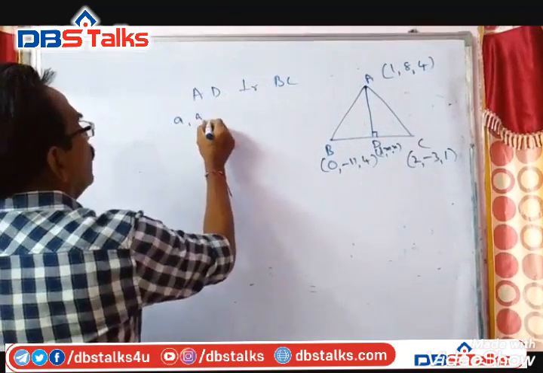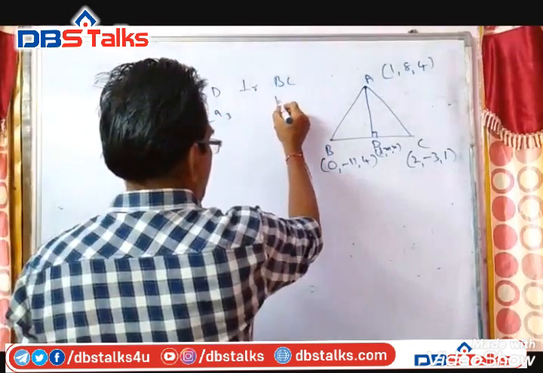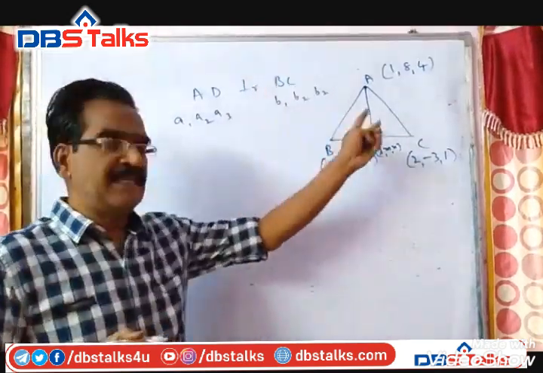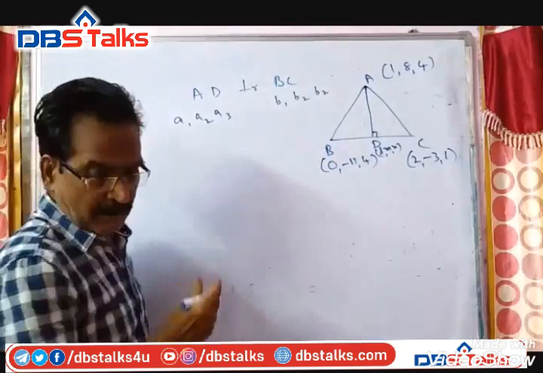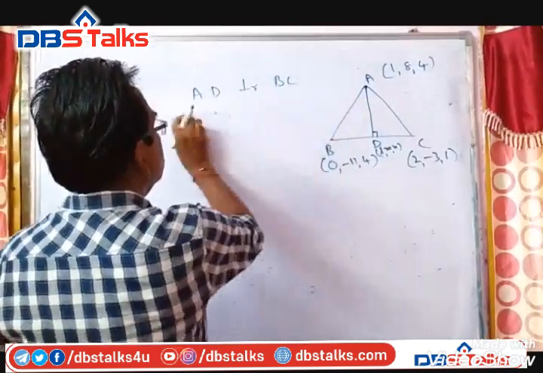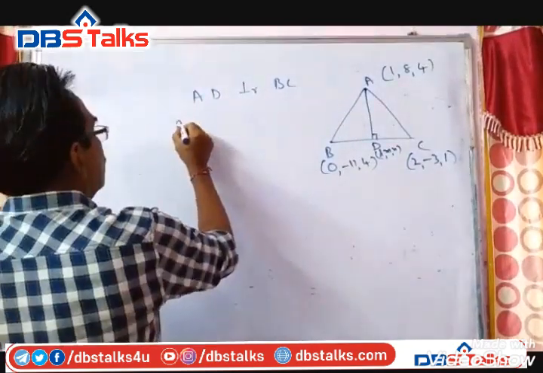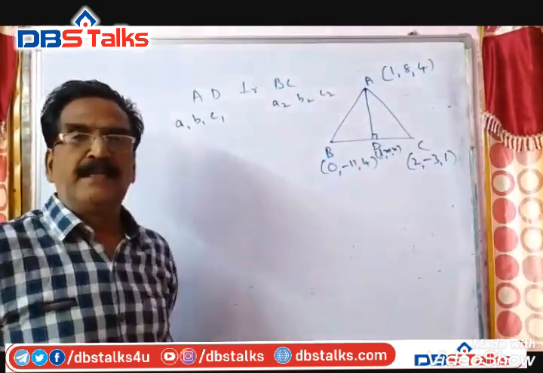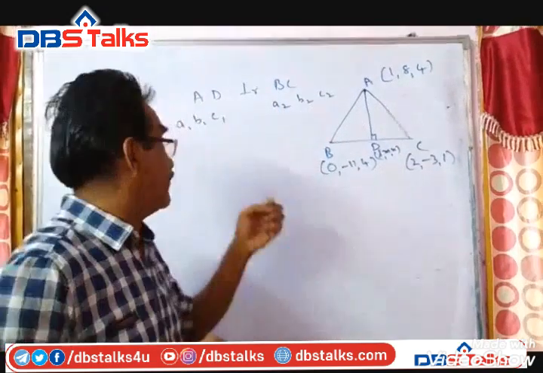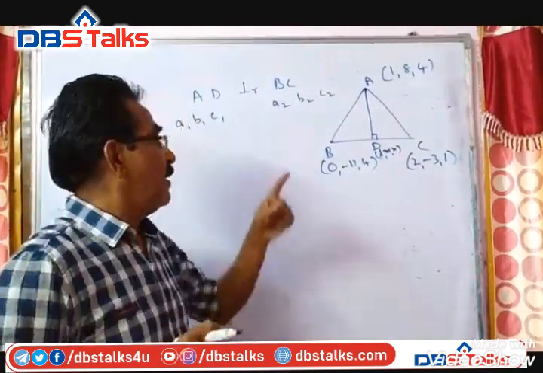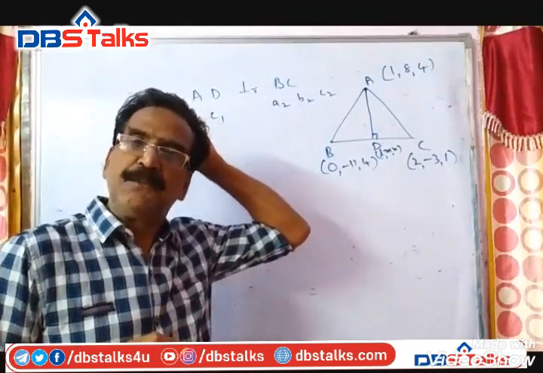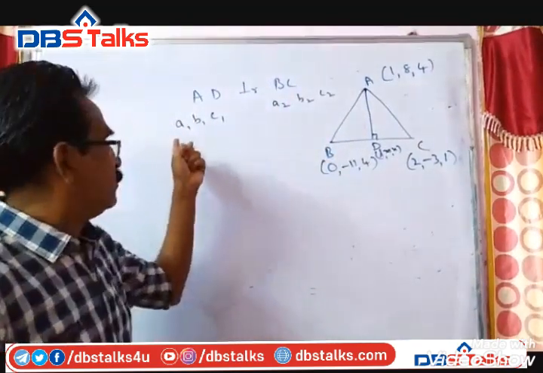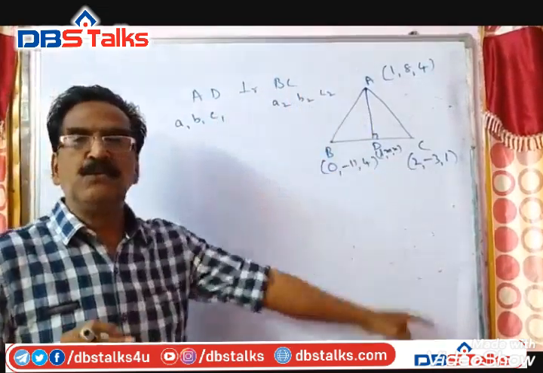See, if the direction ratios of AD are A1, B1, C1, and the direction ratios of BC are A2, B2, C2, then we know the condition for AD perpendicular to BC: A1A2 plus B1B2 plus C1C2 is equal to 0.